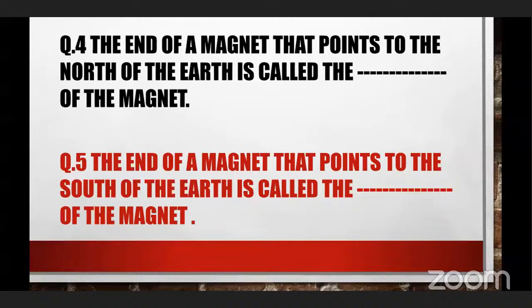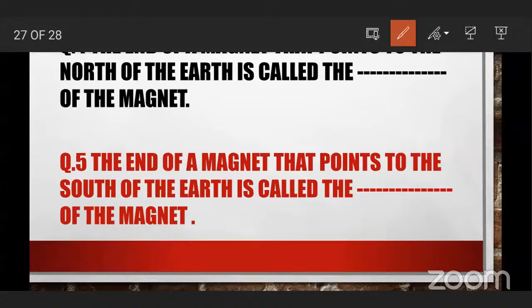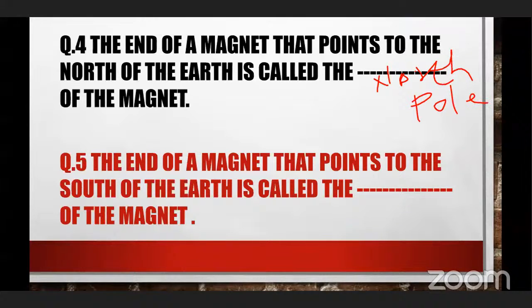The end of a magnet that points to the north of the earth is called the north pole of the magnet.